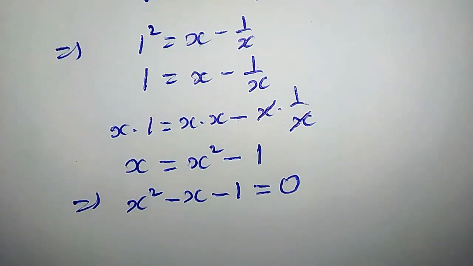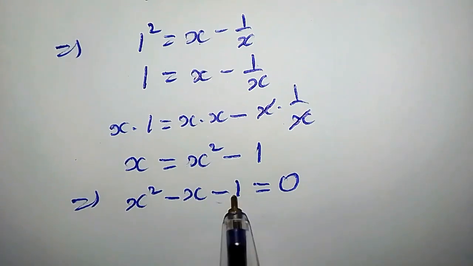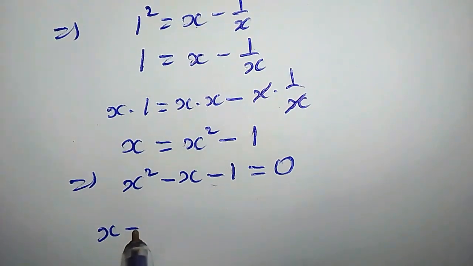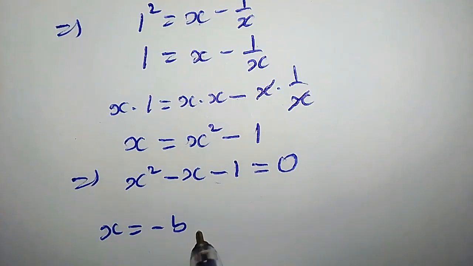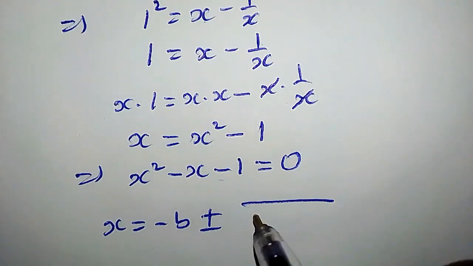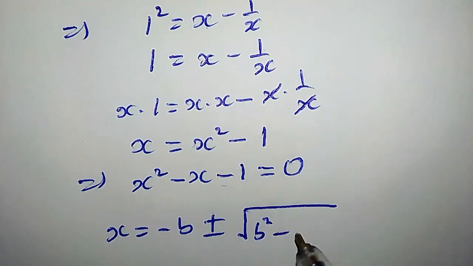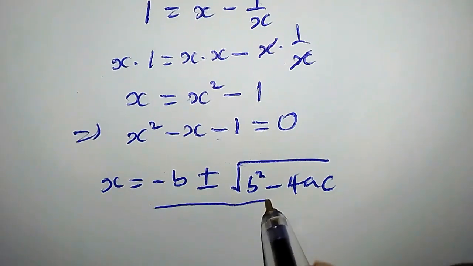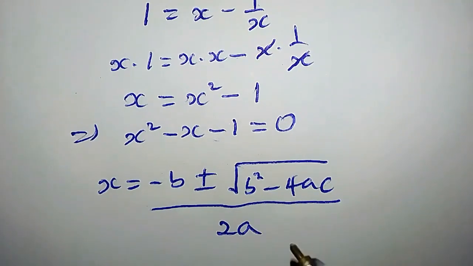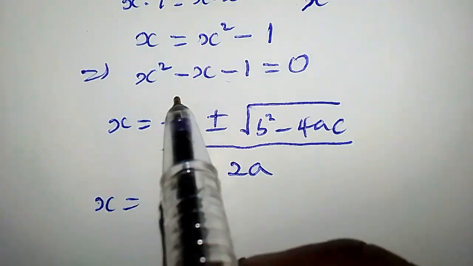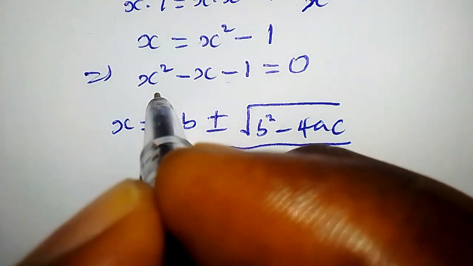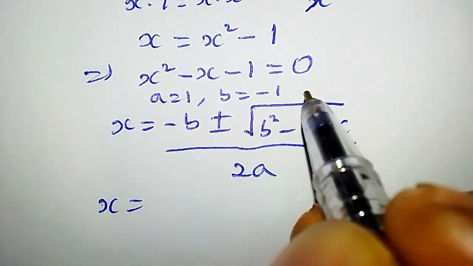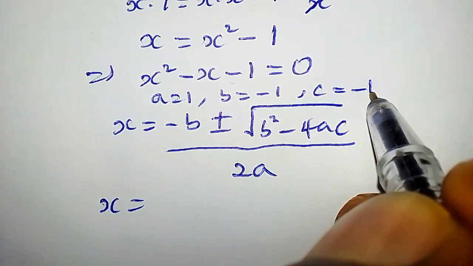We can now easily solve this quadratic equation using the quadratic formula, that is x equal to minus b plus or minus square root of b square minus 4ac, divided by 2a. From this equation, it is clear that a is equal to 1, b is equal to minus 1, c is equal to negative 1.